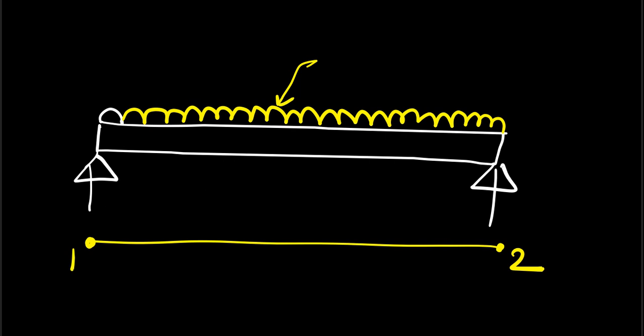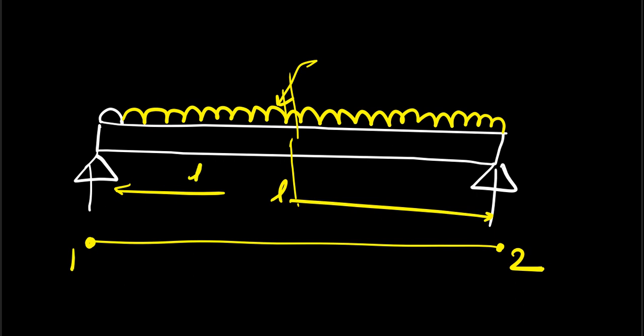So again, the total length of this beam we made into two parts, at the mid, the middle part. So here it becomes L1, from here L2, and at the middle part, say node 3. So here we add node 3.